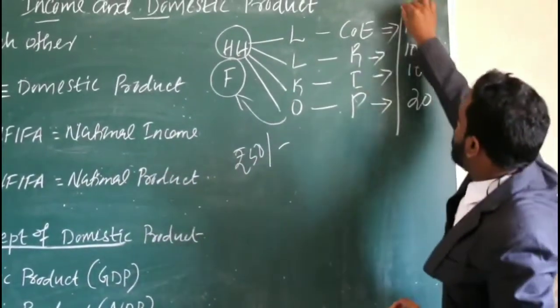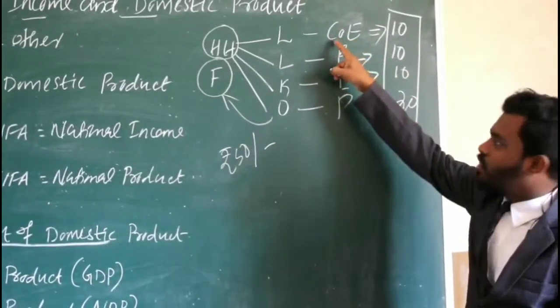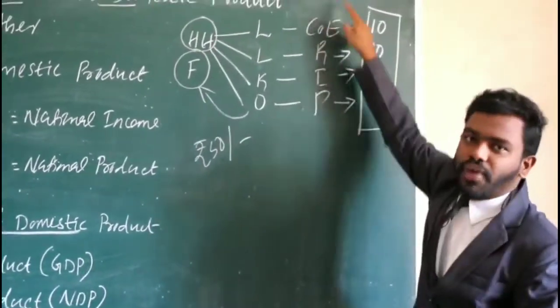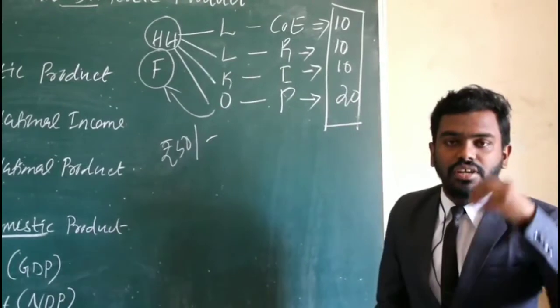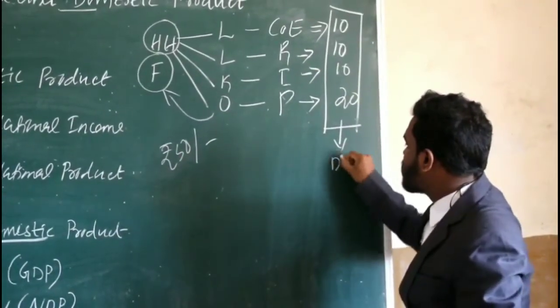This is the sum total of factor income. The sum total of factor income which is generated within the domestic territory is known as domestic income.